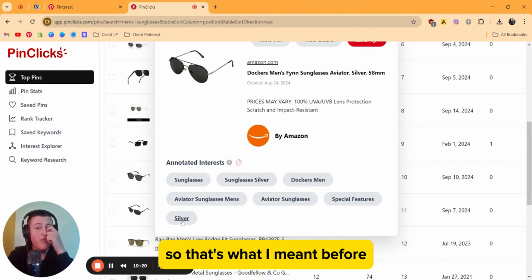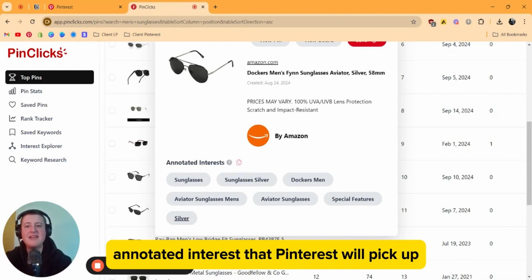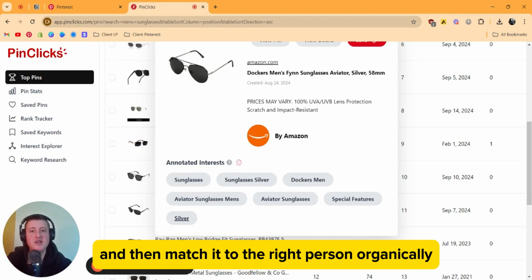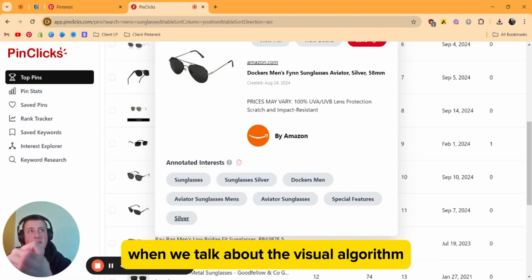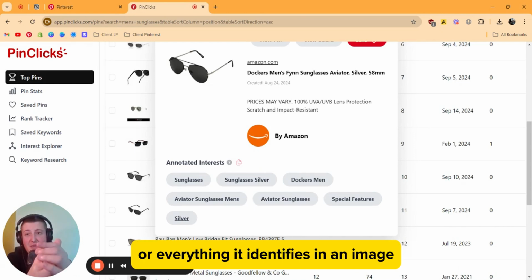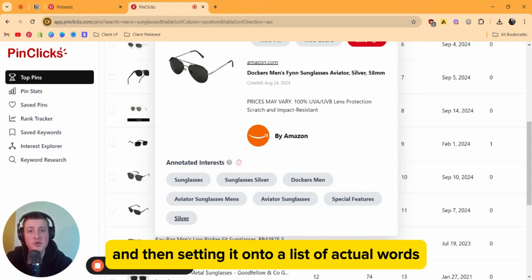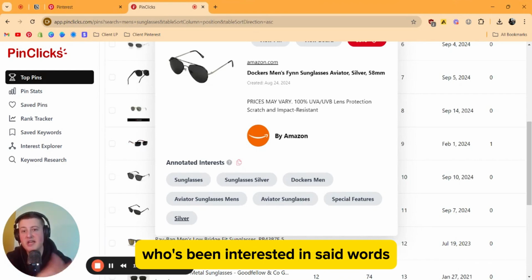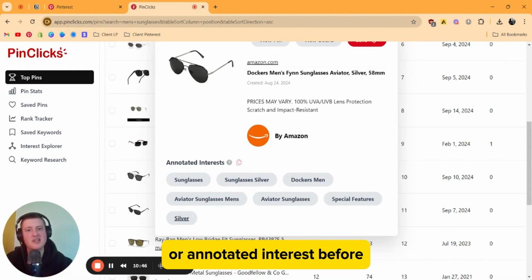So that's what I meant before when I was talking about these certain annotated interests that Pinterest will pick up, find similarities between the products, and then match it to the right person organically. And that's what we're talking about when we talk about the visual algorithm. It's literally just picking up everything that it can see or everything it identifies in an image and then setting it onto a list of actual words so that those words, when they find reoccurrences, can be matched with the right person who's been interested in said words or annotated interests before.